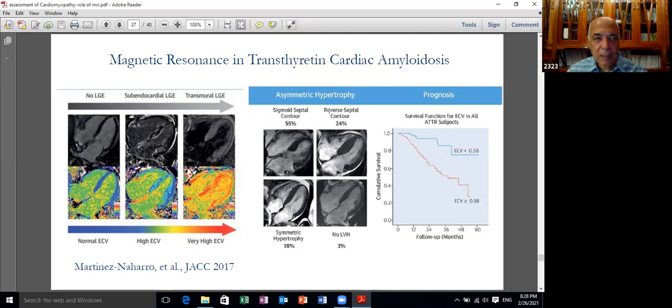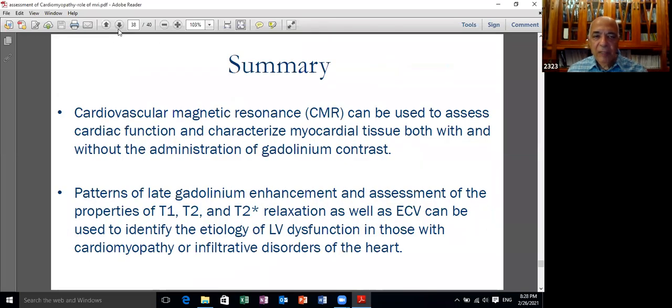So to summarize the situation, cardiovascular magnetic resonance can be used to assess cardiac function and characterize myocardial tissue, both with and without the administration of gadolinium contrast. Patterns are very important. Twenty years ago, every gadolinium delayed enhancement was considered a myocardial infarction.